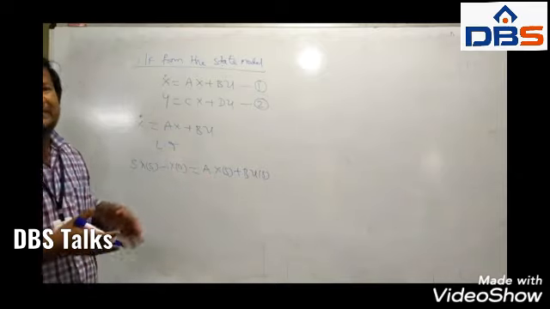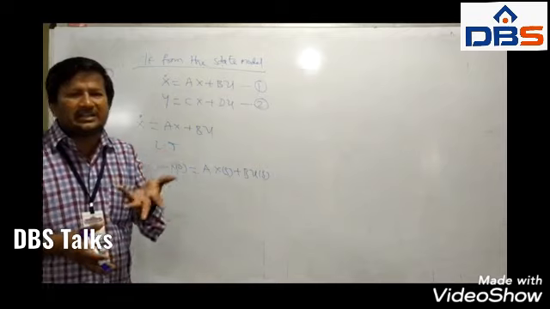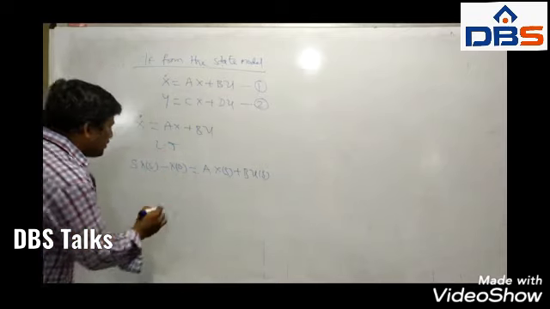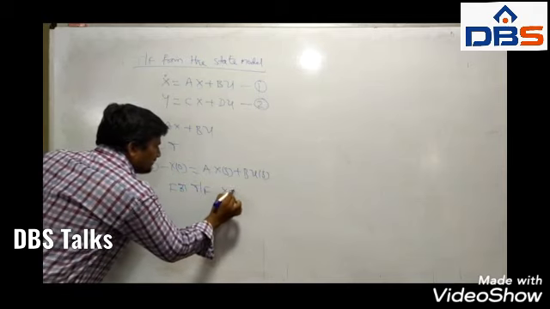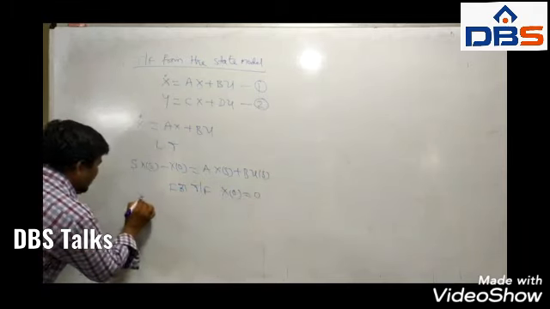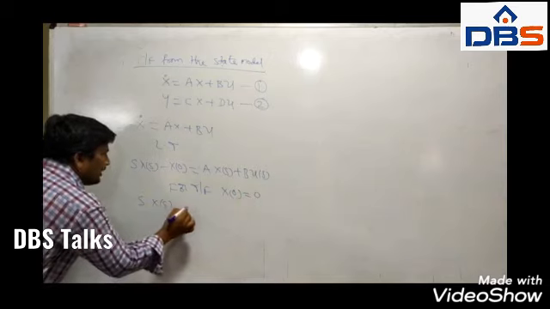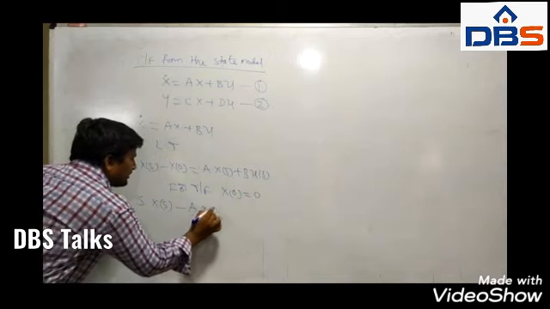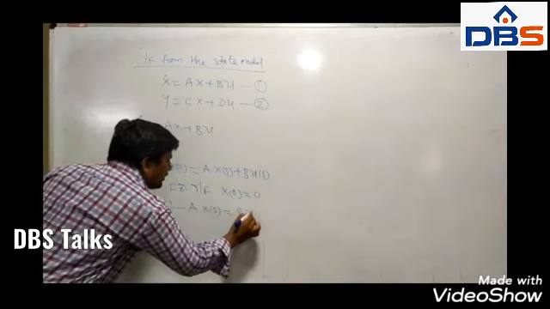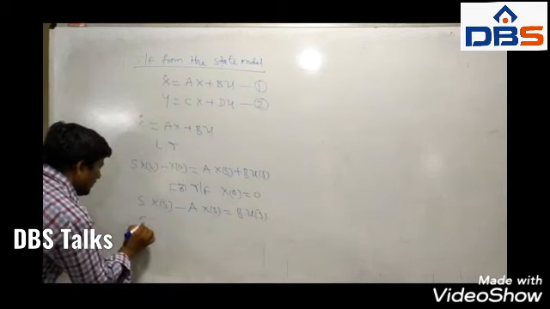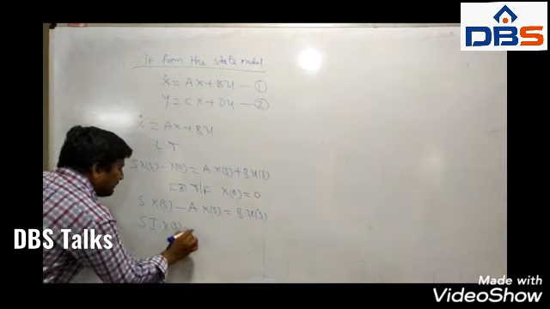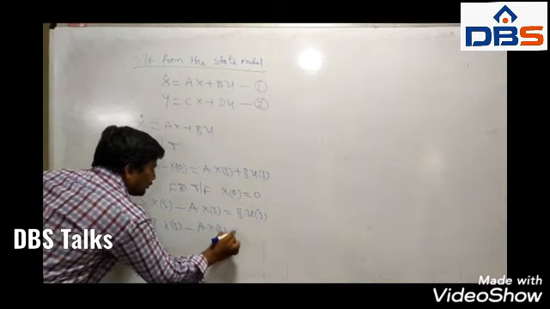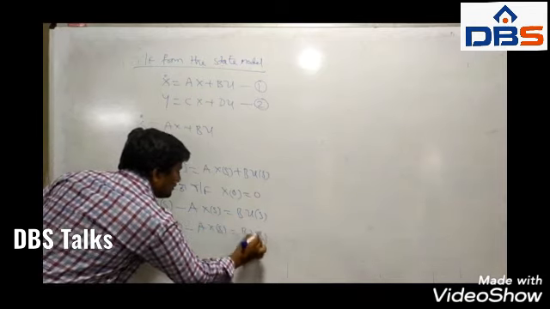But we derive the transfer function. For the transfer function there are no initial conditions, so X of 0 equal to 0. That's why s into X of s minus A into X of s equal to B into U of s. This is rearranged as sI into X of s minus A X of s equal to B into U of s.